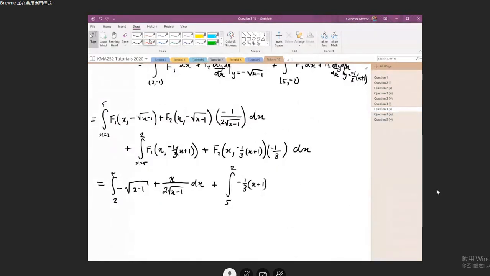So I'll just put that there. And then f2 is minus x by dy dx, which is minus 1/3, so just plus x on 3 dx.